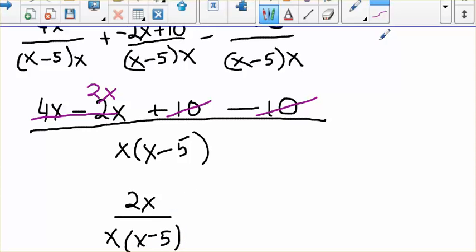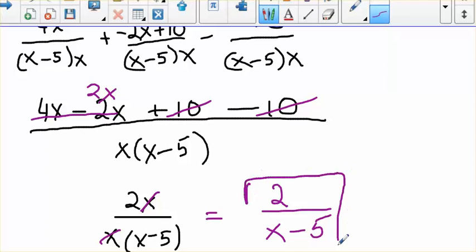And again, I've got another thing I can cancel here. These two x's will cancel out, and I'll get a final answer of 2 over x minus 5. And that's my final answer.